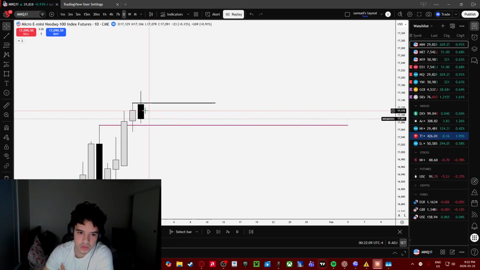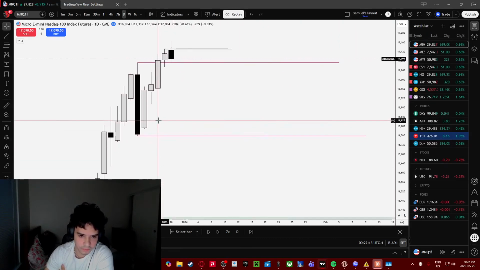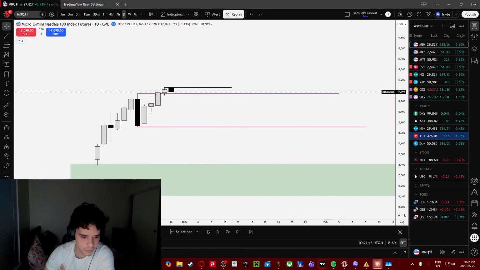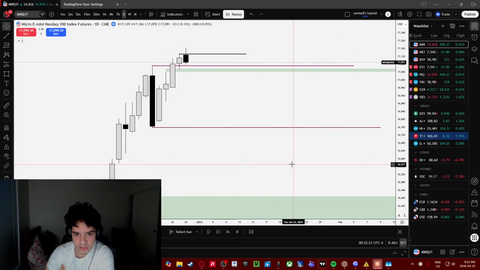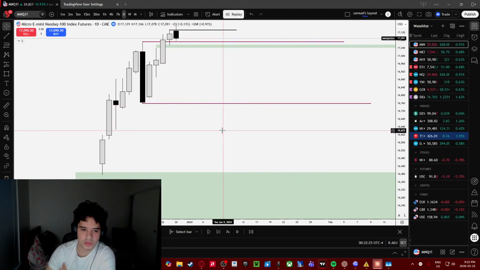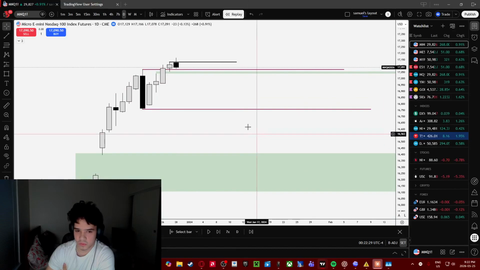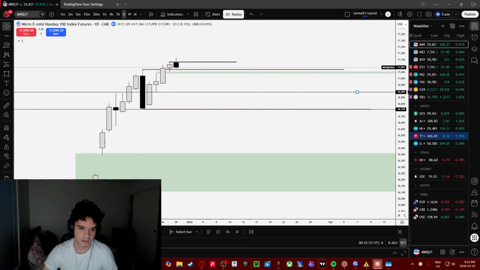So we have a reversal sequence after reaching a point of interest. We have a true value gap right here that we can target based off of this. And we have all this low resistance liquidity, which is basically failure to reverse. Those are also stacked together. You can mark all these essentially.